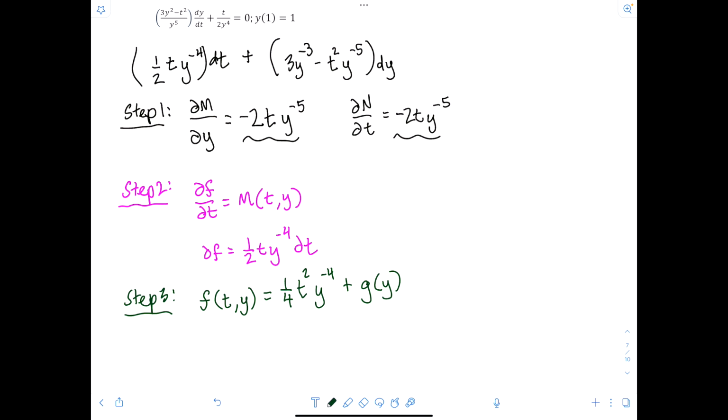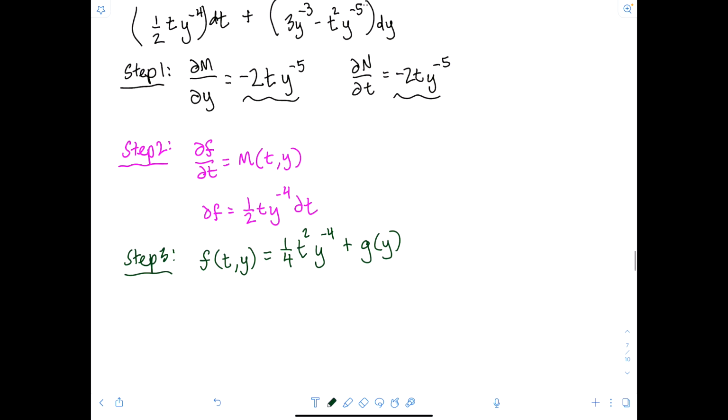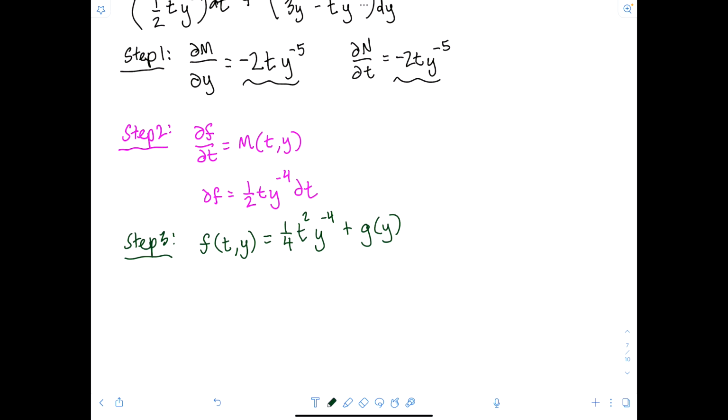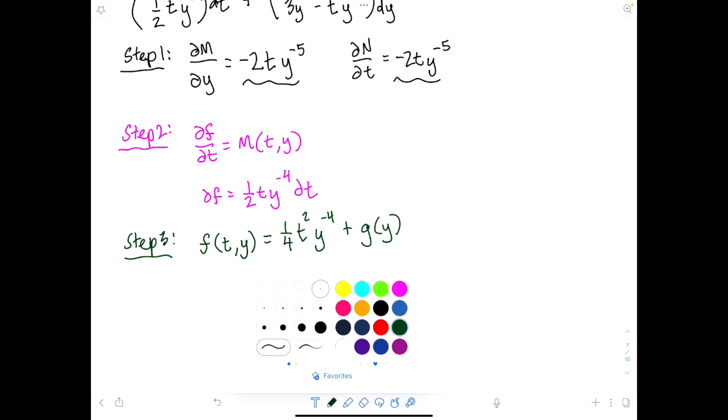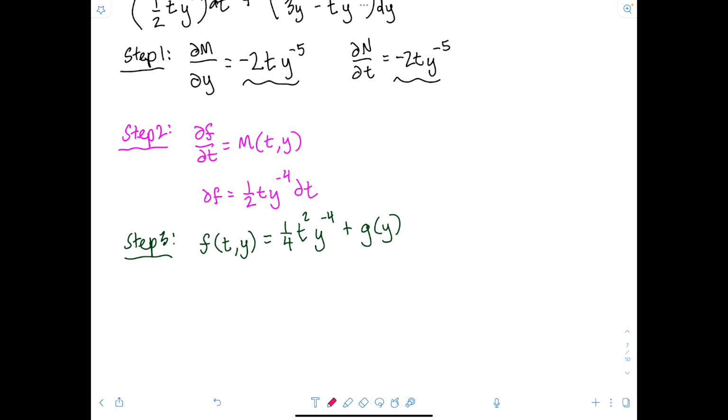Groovy? All right, so now what do we need to do? These are a little bit easier so far, right? Now we need to go to our step 4, which was in our blue. Try to remember.